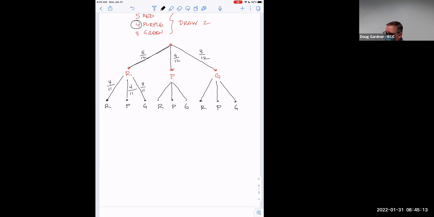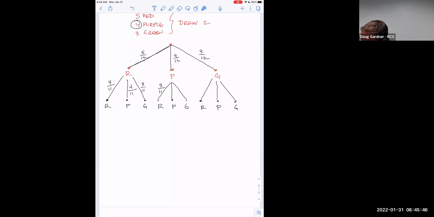So yeah, because we went down, it's kind of like branches of a tree. So if my first pick is red, then this is my other possibilities. This is the probability for my second choice. But if my first pick happened to be purple, then does it make sense I still have all 5 reds? So this probability here is still 5 because I still have 5 reds to choose from. But I still only have 11 marbles because I already chose one of them right here.